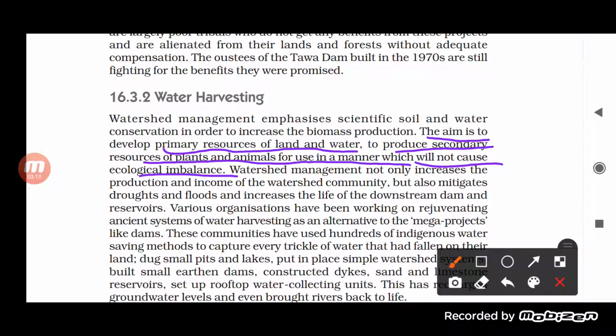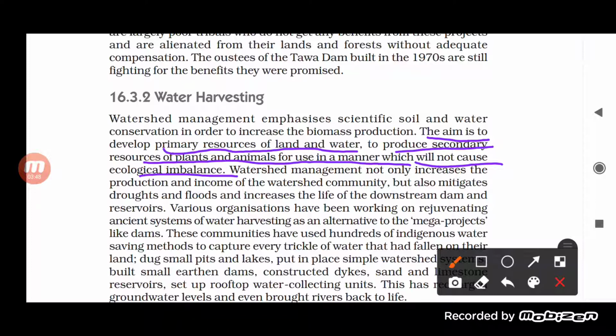See, water harvesting is really important, and our rural India has used a large number of methods, and these days a lot of organizations have started working on the ancient systems of water harvesting, due to which they will be able to rejuvenate the reservoirs.